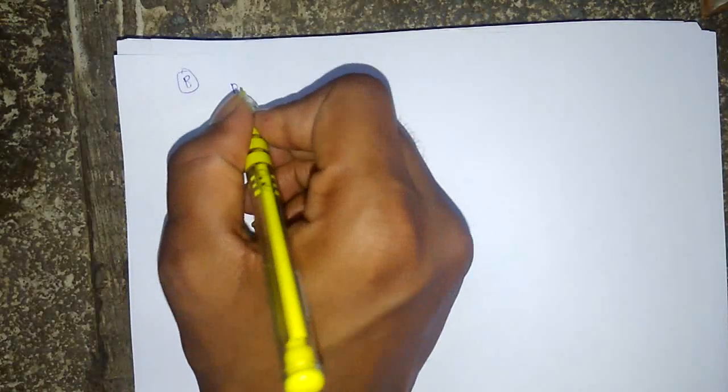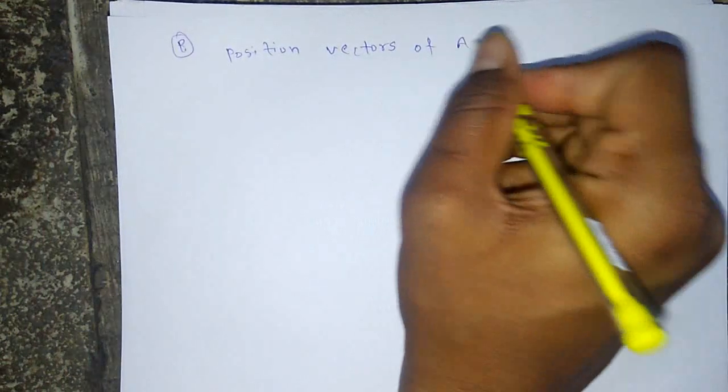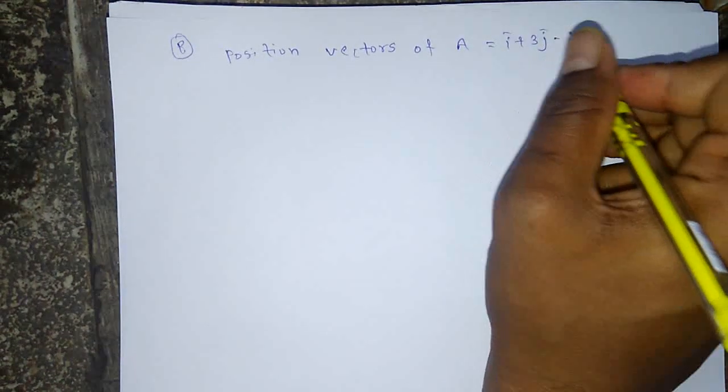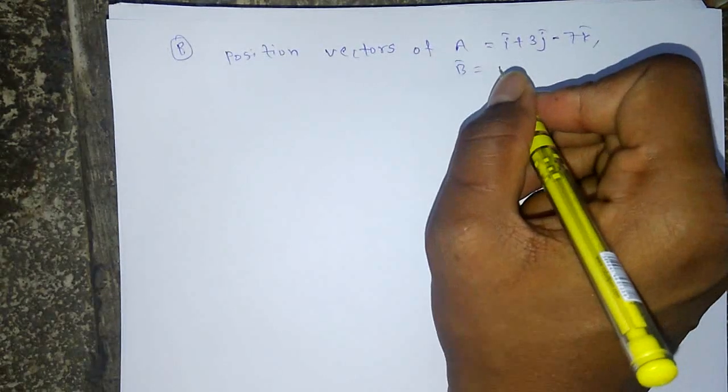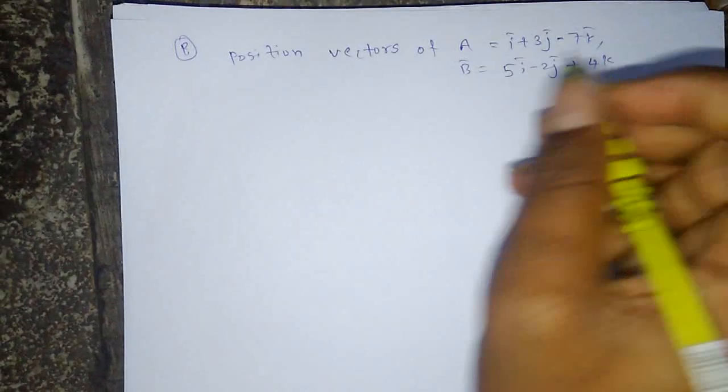So our next problem: the position vectors of A is I bar plus 3j bar minus 7k bar, and B is 5I bar minus 2j bar plus 4k bar.